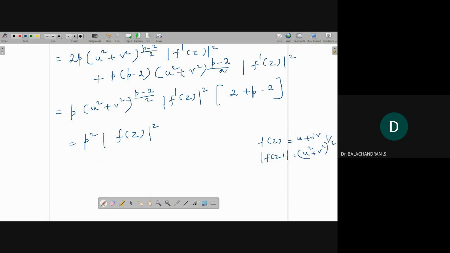Now here you have (u² + v²)^((p−2)/2), so this is nothing but |f(z)|^(p−2). So the proof is over.